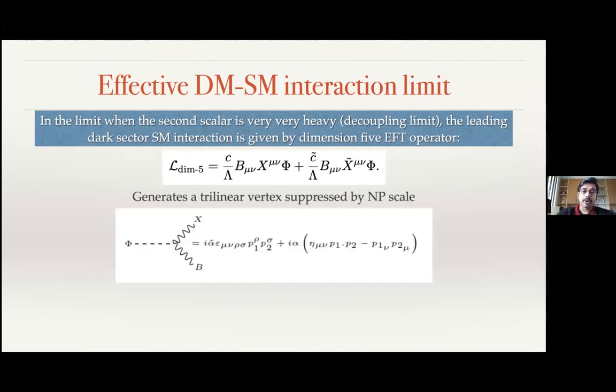This gives you, of course, a trilinear vertex, which you can compute. Alpha and alpha prime are essentially C by Lambda and C tilde by Lambda. We also introduce a term like beta, which is alpha tilde by alpha, but those are details. So this is basically the vertex which connects the dark sector and the standard model.